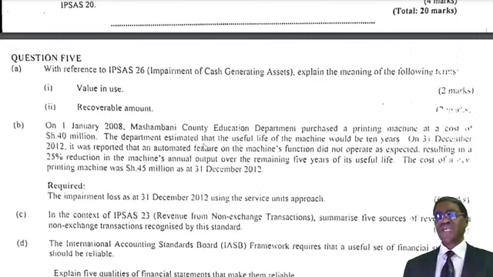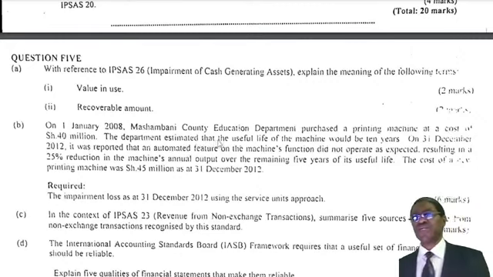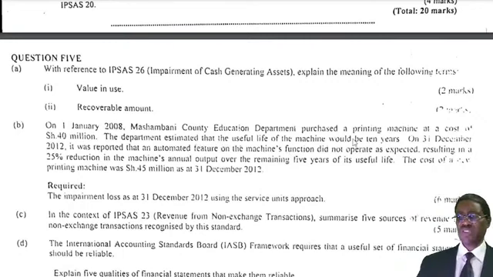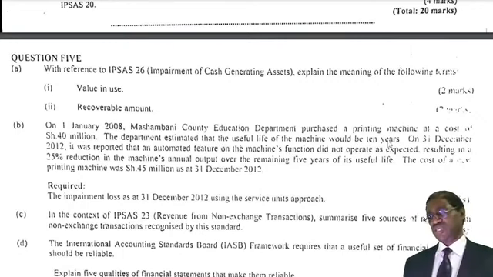The department estimated that the useful life of the machine would be 10 years.